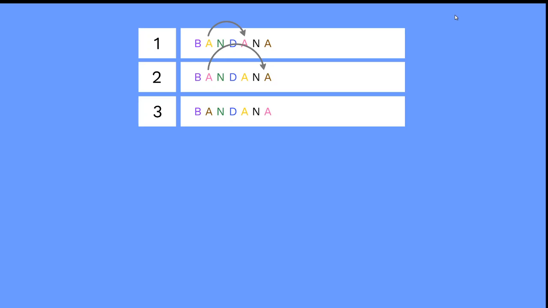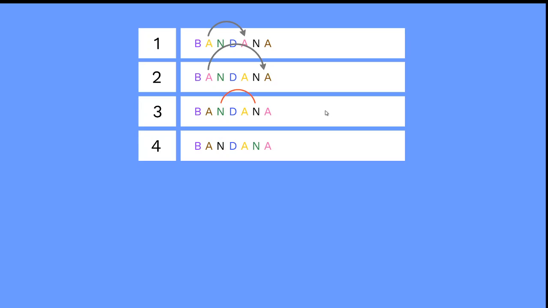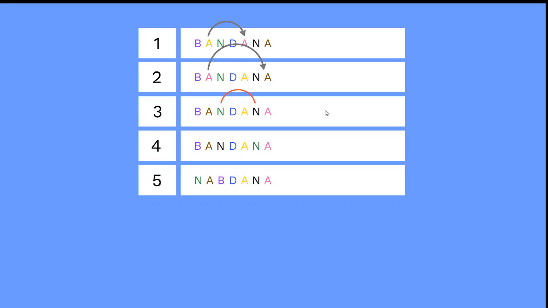So what decides the number of copies? That is what we need to see. Now, not only the A's, if I change the N, what happens? If I interchange the N, it will become again Bandana. And if I put a different order, it becomes Nabdana.